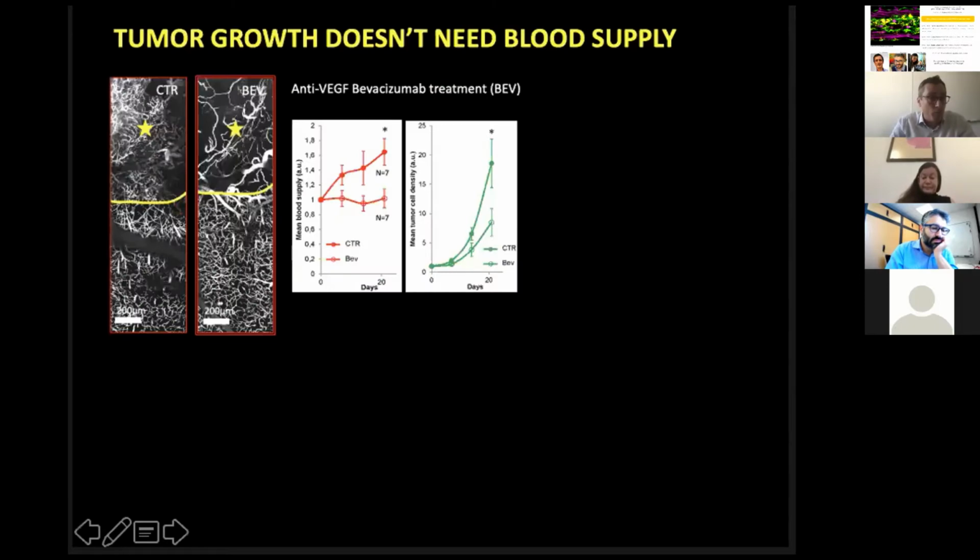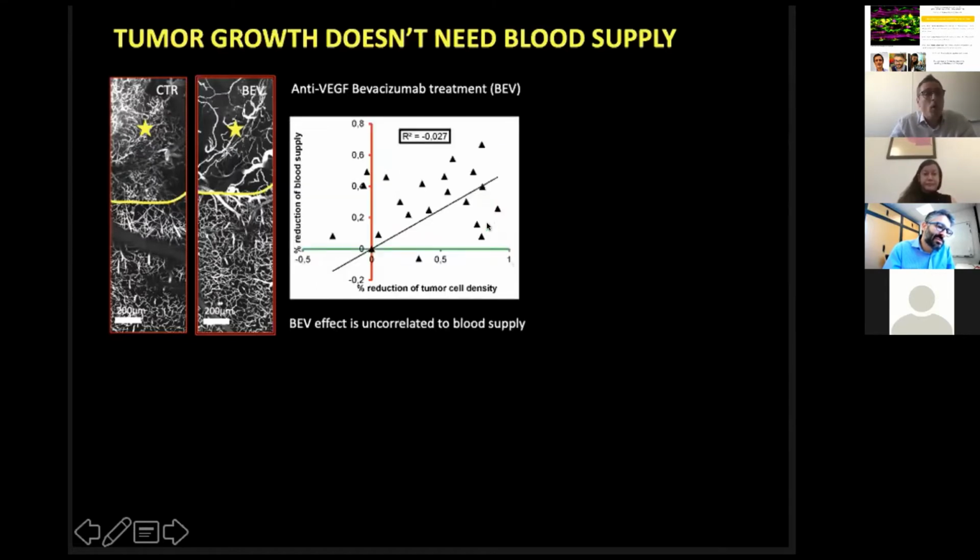Nevertheless, we have used anti-angiogenic treatments such as bevacizumab in order to prevent blood vessel formation and to block the blood supply. And in this case, as expected, we had a reduction of the tumor growth.